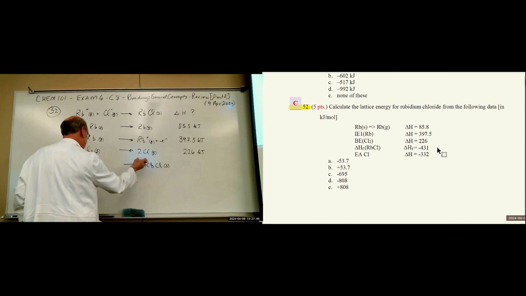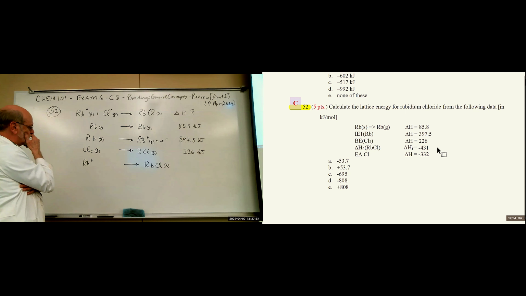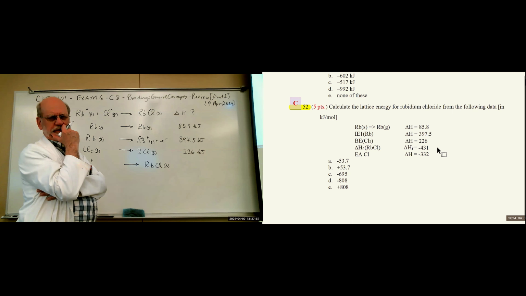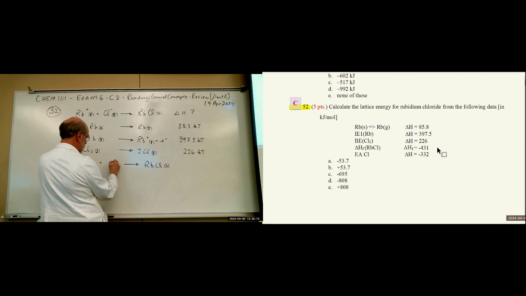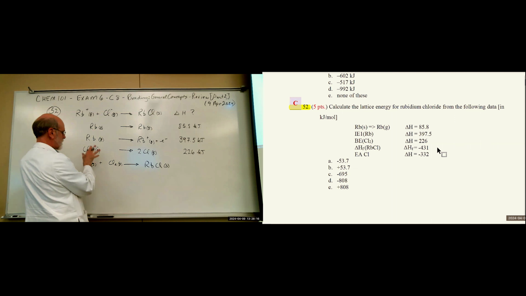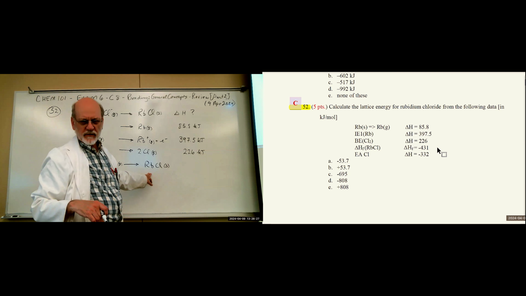I paint myself into a corner. This would be, no, not that. This would be, rubidium is a metal. So it'd be solid at room temperature and pressure. And chlorine would be a gas. There you go. But we only need 1/2 of this. So that is the heat of formation for rubidium chloride, -431.